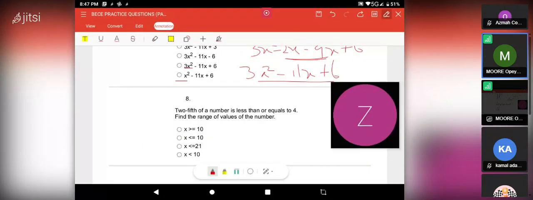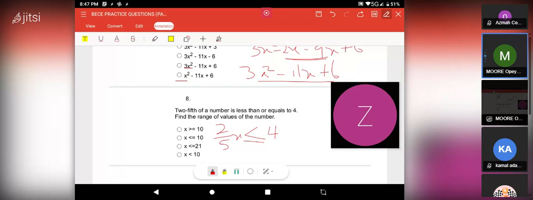2/5 of a number simply means 2 over 5 times x is less than or equal to 4. That is the interpretation.